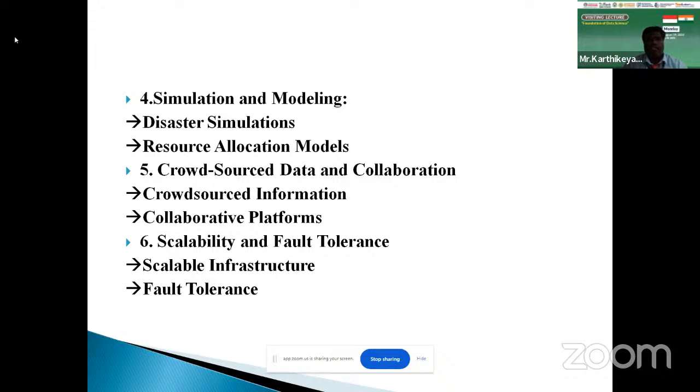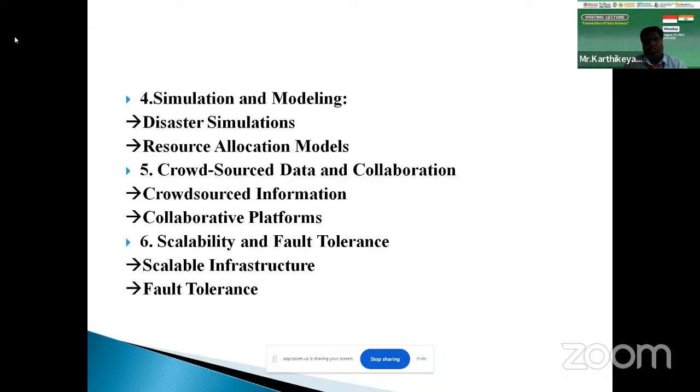And next is crowdsourced data and collaboration. This follows crowdsourced information and collaborative platforms. During disasters, crowdsourced data from social media, mobile apps, and other sources can provide valuable real-time information.